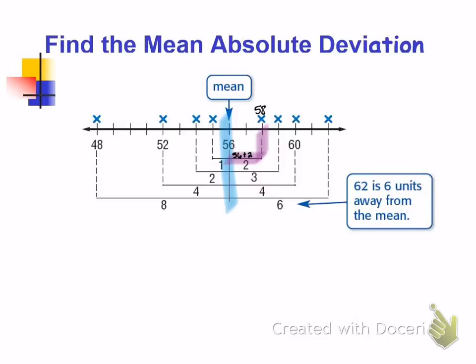If we left the mean and went 3 to the right, we would get to this data value. So we would say 56 plus 3, which is 59.